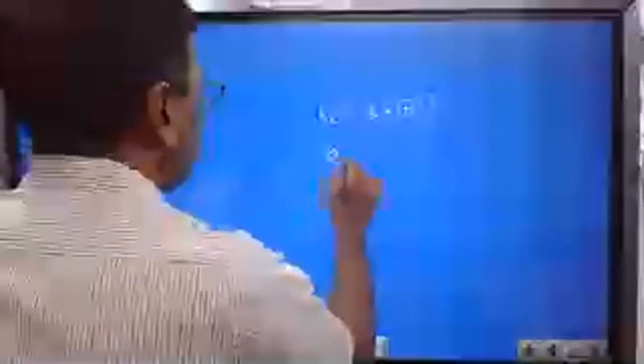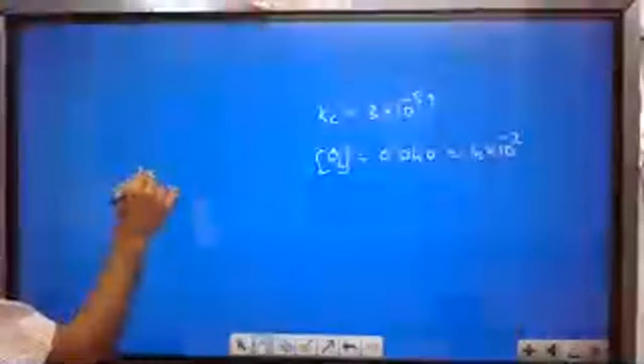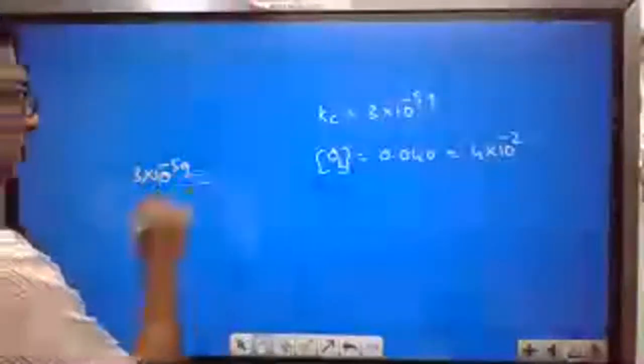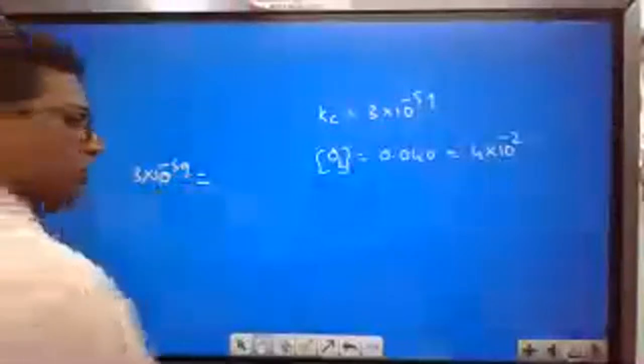You see that Kc is equal to 3 into 10 to the power of minus 59. O2 concentration they gave as 0.040. It can be written as 4 into 10 power minus 2. Then 3 into 10 power minus 59 is equal to O3 concentration, which we have to find out.